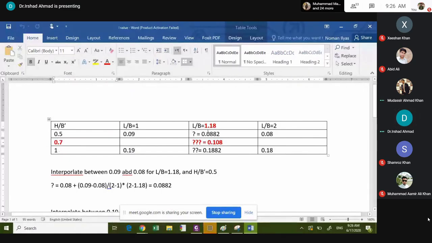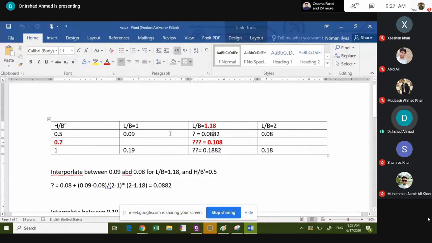First you will interpolate between these values 0.09 and 0.08. Because this is for 1, this is for 2, and you want to find for 1.18, that value will be somewhere between 0.09 and 0.08, that will be 0.0882.